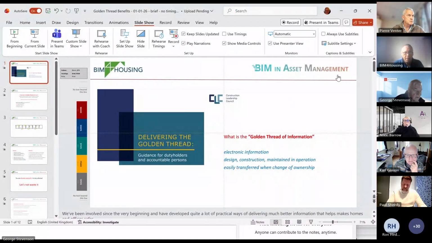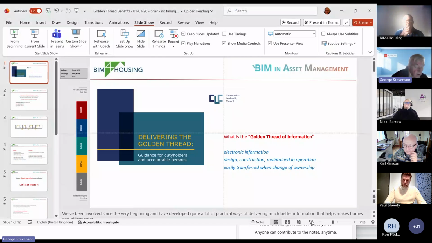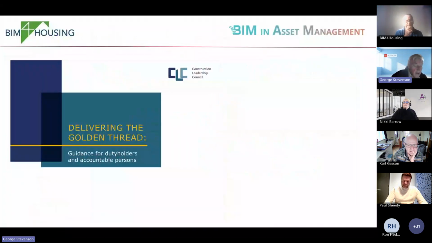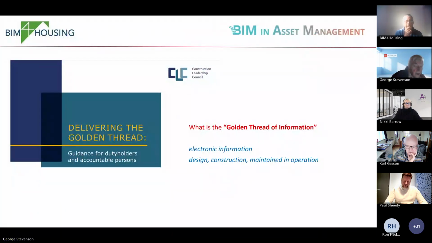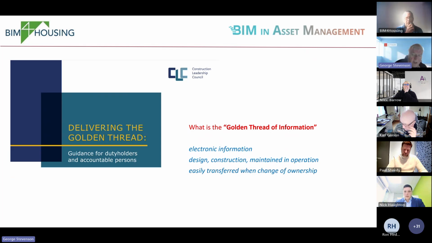Okay, so you'll recognize the guidance, and I think part of the thing is to agree what the golden thread is actually doing. And the key things are it's electronic, it covers the whole life cycle, and it needs to be easily transferred when there's a change of ownership. And I think that's an important thing that we need to recognize.